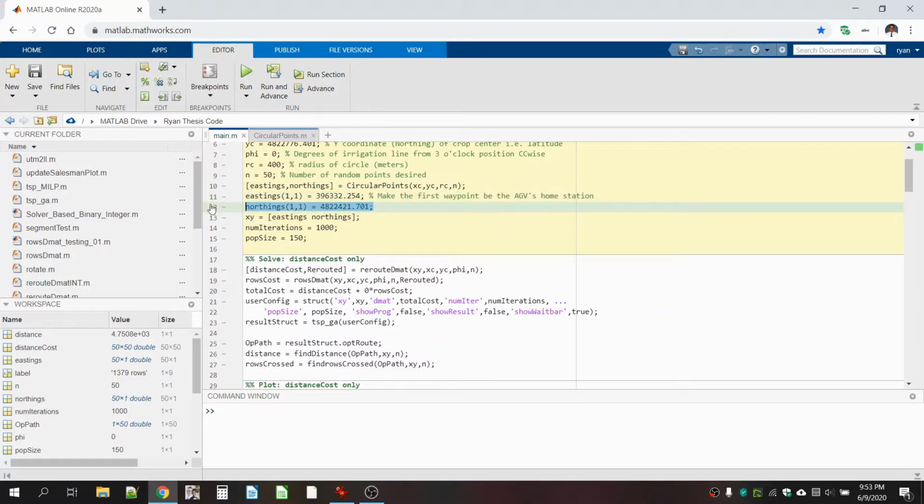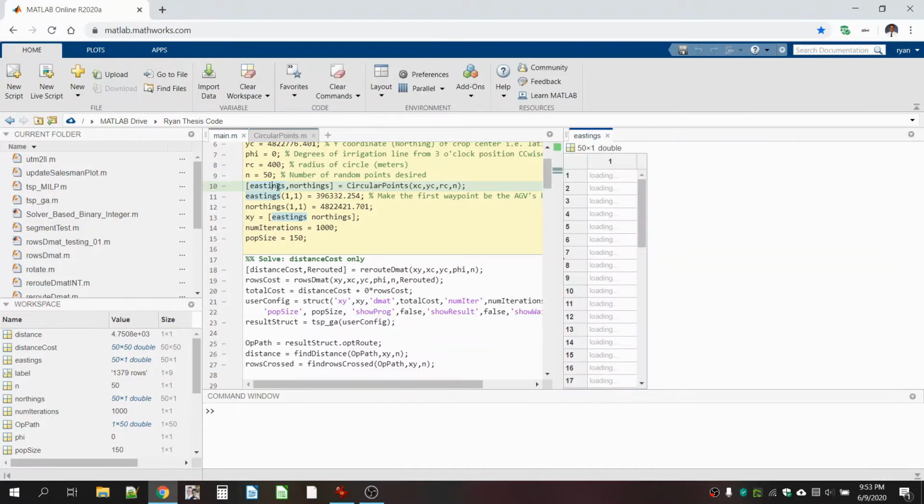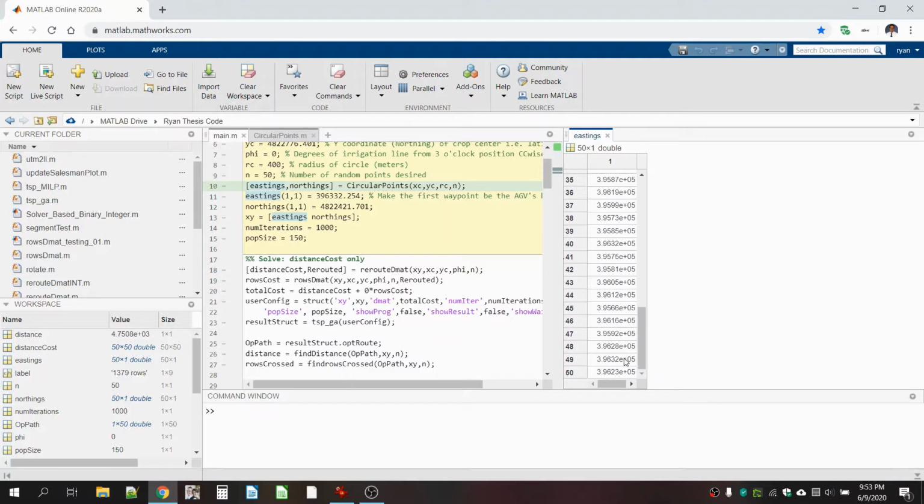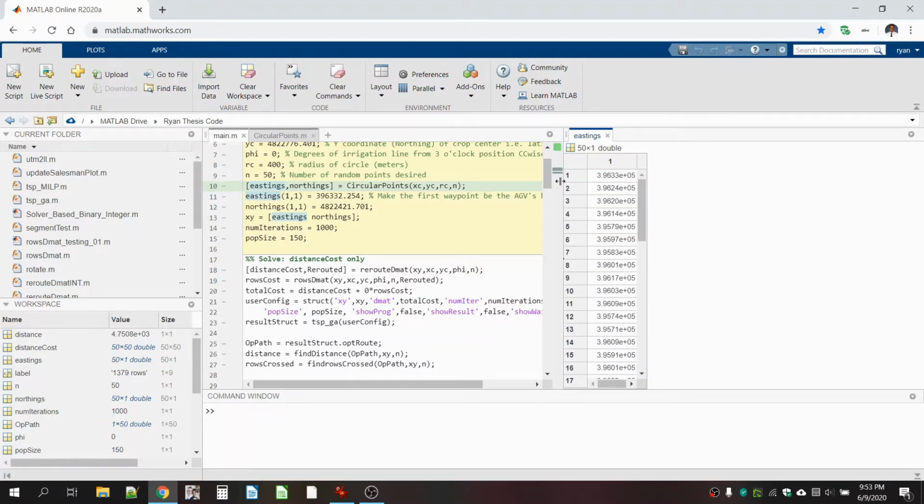Then what I did was I went into these two vectors, eastings and northings. If we pull up eastings, again I'm going to hit Control D. It's going to pull up eastings. So now I have 50 waypoints, and these are just the eastings for those 50 waypoints.